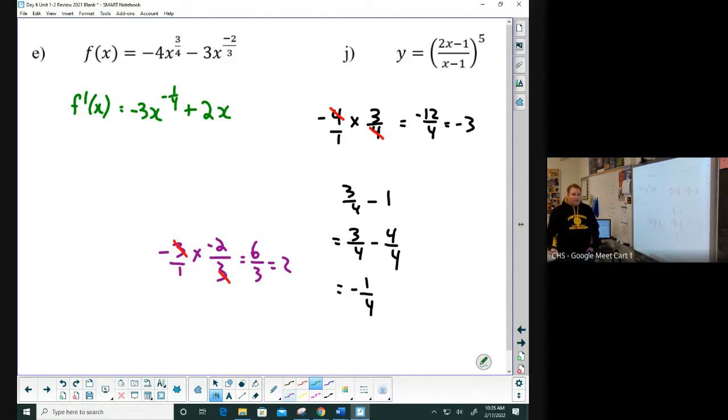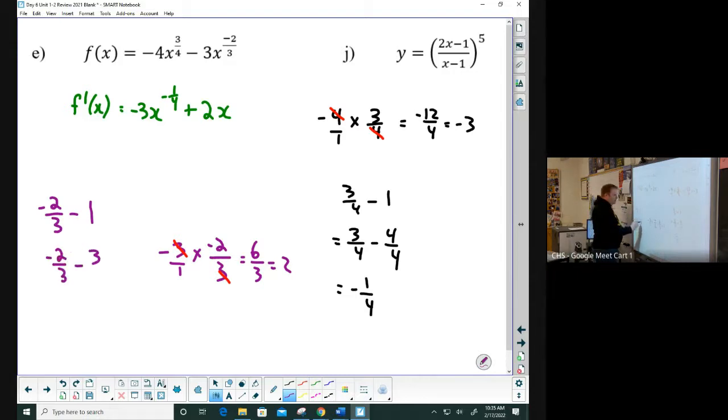Now I have to subtract. Well, I'm going to have to subtract something else which isn't too pretty. -2/3 minus 1. Again, there's no shame in me writing this down over here. Of course, when I'm talking thirds, one is 3/3. And now this is keeping the 3, and it's -2 minus 3 is -5.